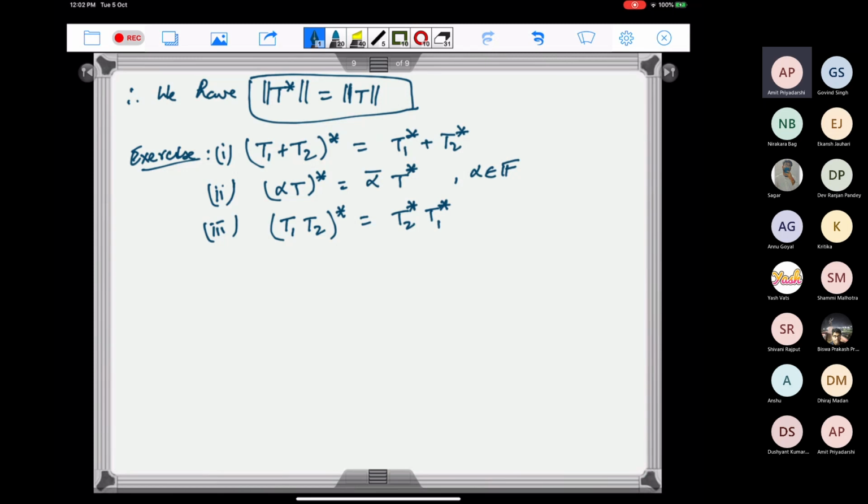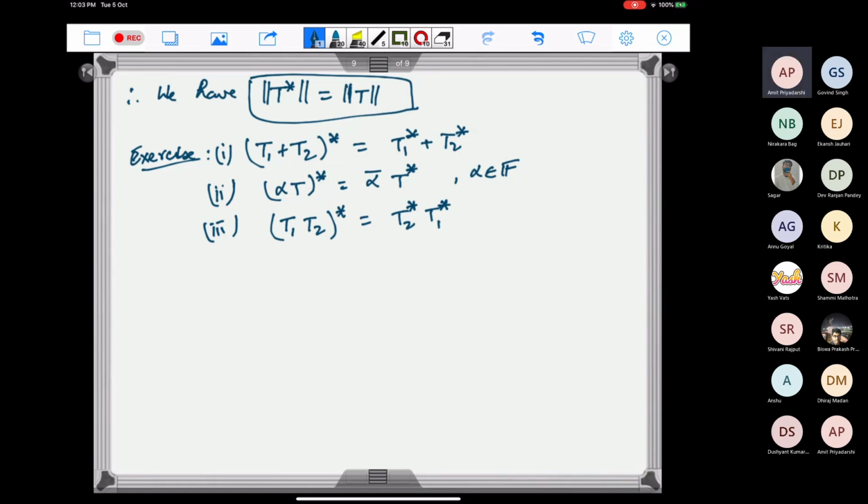For a square matrix, we define adjoint by taking the transpose and complex conjugate of each entry, and then it is easy to check all these properties are satisfied. And here we are saying that this is satisfied for this adjoint operator also.